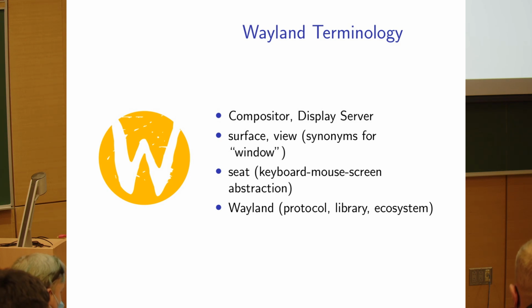The seat is an abstraction that's meant to represent a keyboard and mouse and monitor setup. This is one of the rough edges: the seat abstraction is set up so that whoever designed it clearly meant it to be extensible, so you could have a machine with a bunch of terminals and different users all working on the same compositor at the same time.